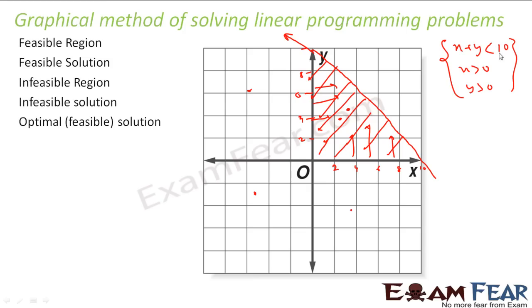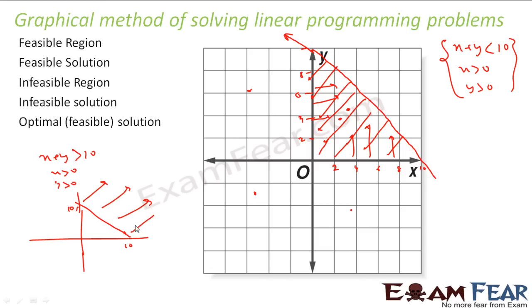For example, in the same equation, if I say x plus y is greater than 10, x is greater than 0 and y is greater than 0, let's suppose this case. This is my equation for x plus y greater than 10, this is the equation for x greater than 0, and this is for y greater than 0.